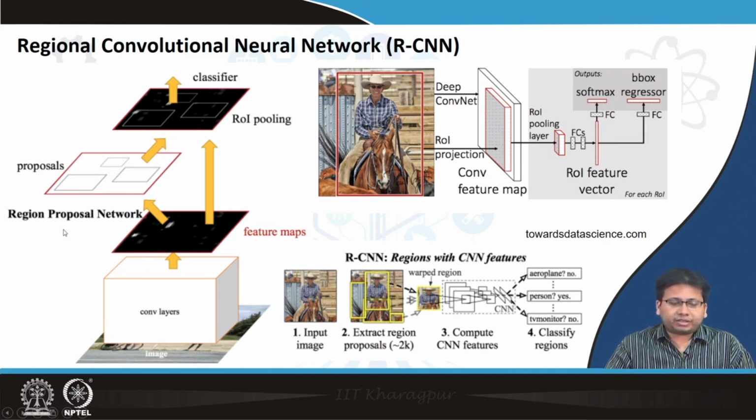The next important thing which happens in RCNN, which is different from other neural networks, is the region proposal network. It proposes a regionalization of the image: the target class is located here and the other objects may be located somewhere else, or the target object may be located here and other objects somewhere else.